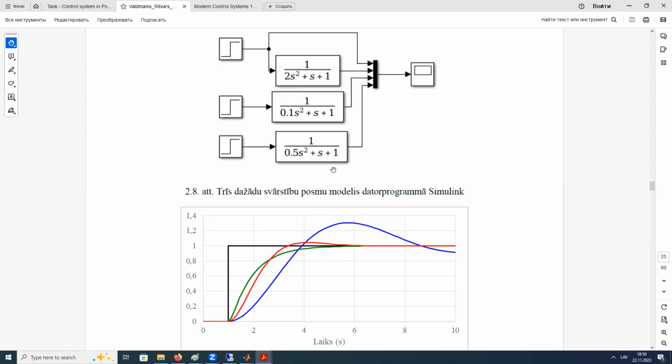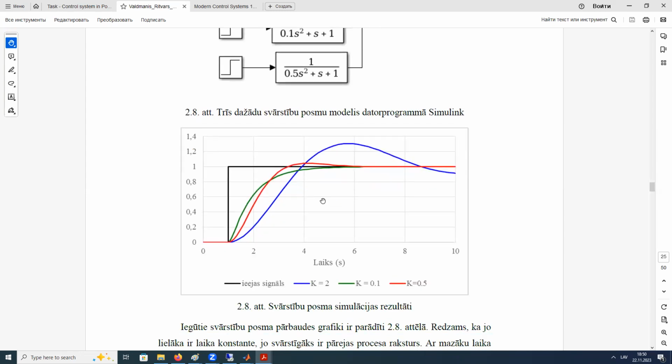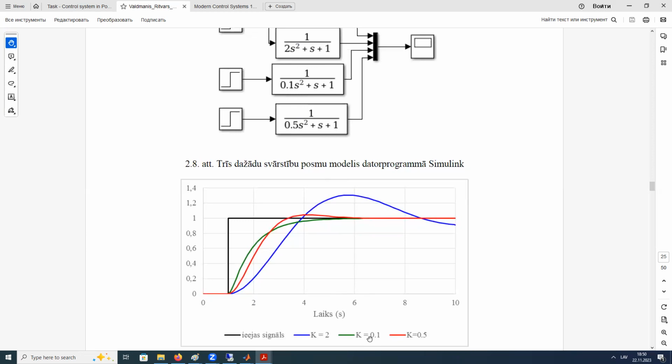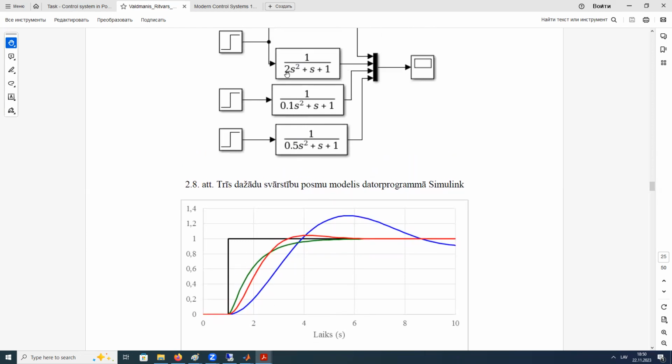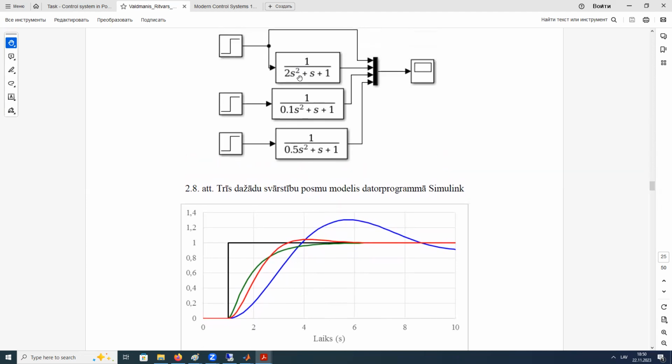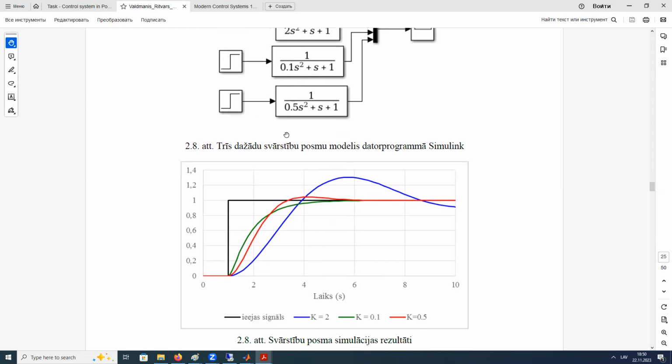So that's why if this coefficient is very small, it looks like an aperiodic one. But when this coefficient is higher, it means that the square part has a bigger impact, and we could see these oscillations or fluctuations.